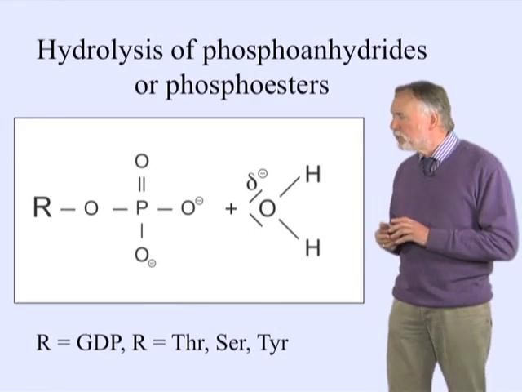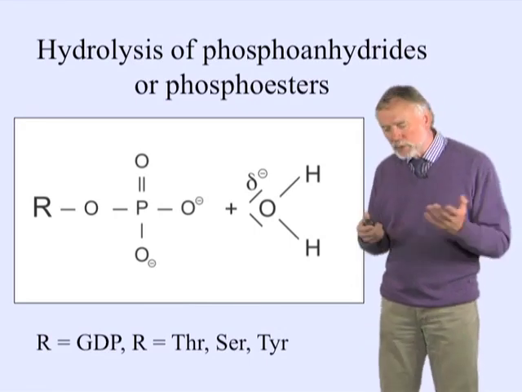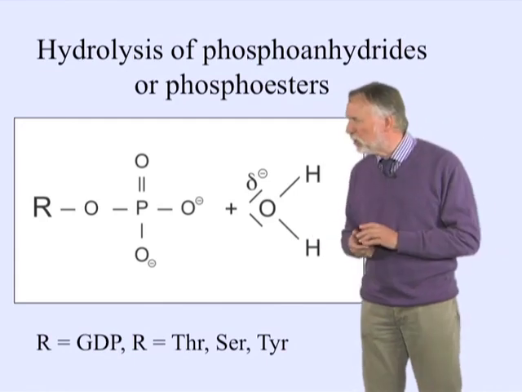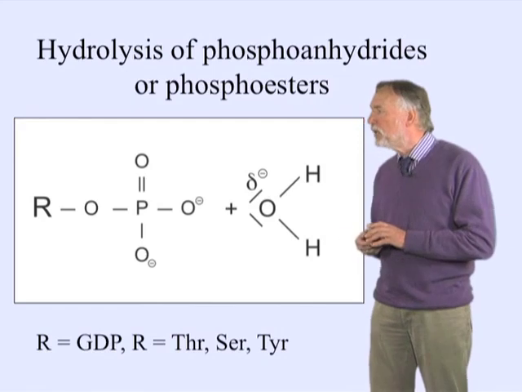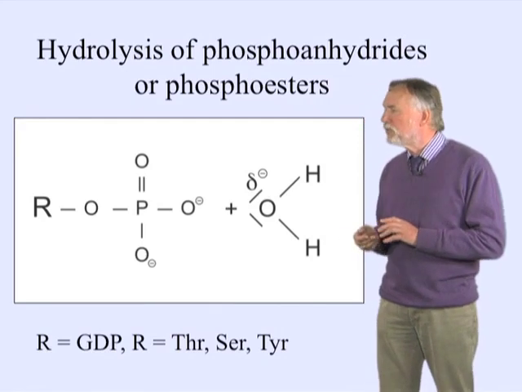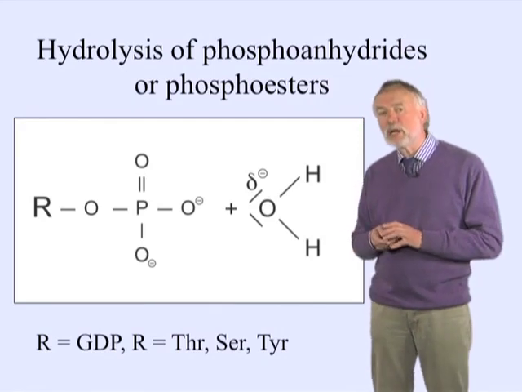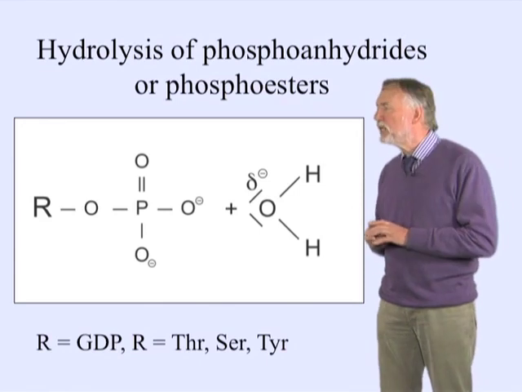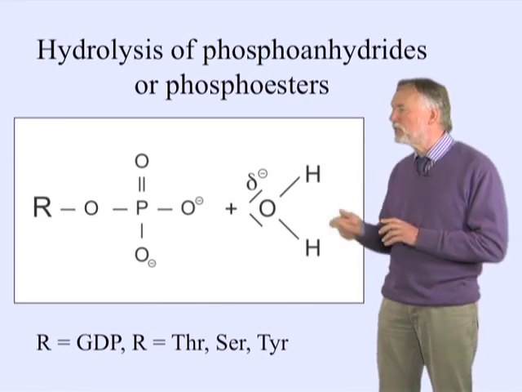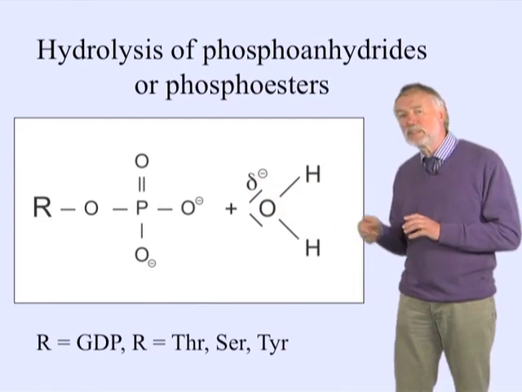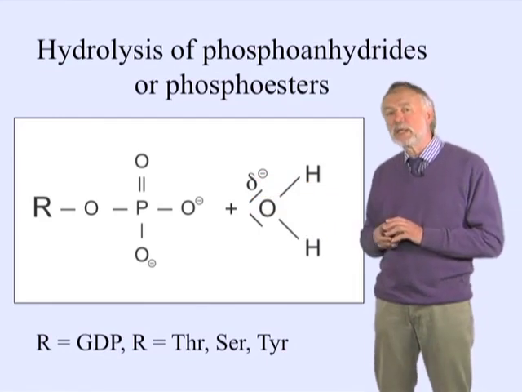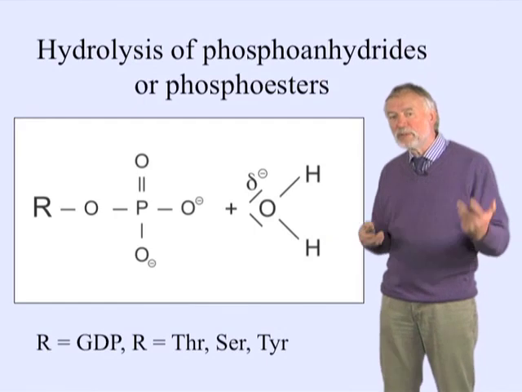People have been talking about this reaction a lot, because it is a very slow reaction, for the reason that phosphates are highly negatively charged, and the approach of a nucleophile, for example water, which is also partially negatively charged, is very, very disfavored. And that's why this reaction is normally very slow.